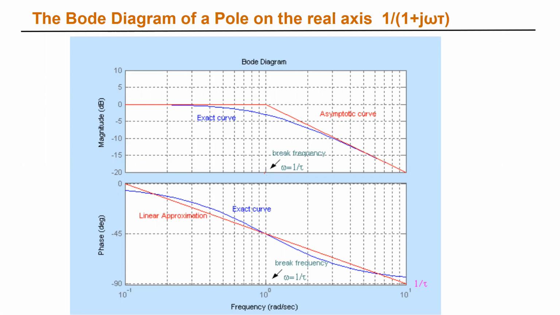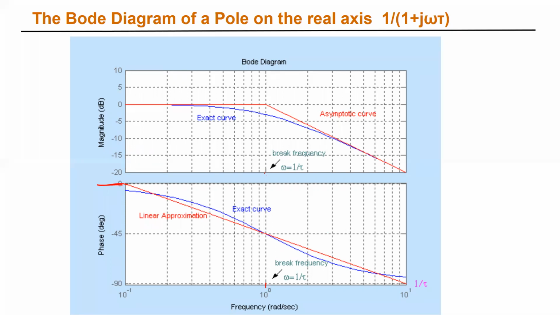If I want to do the approximation for the phase, it is a little bit more complicated. Our approximation will be 0 if this is the corner frequency, 1 decade before the corner frequency, and it will be minus 90, 1 decade after the corner frequency, and then we just connect between them.